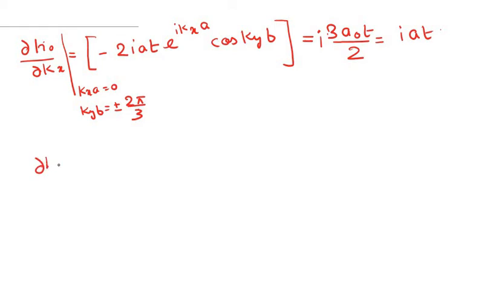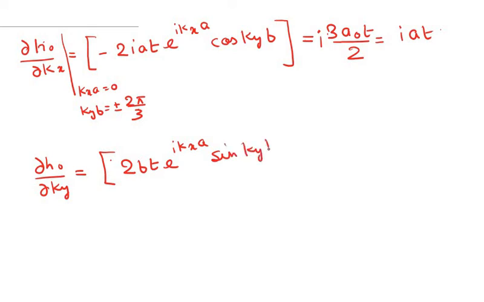Similarly, del h0 del ky is equal to 2 bt e to the power i kxa sin kyb. At kxa equal to 0, kyb equal to plus minus 2 pi by 3.